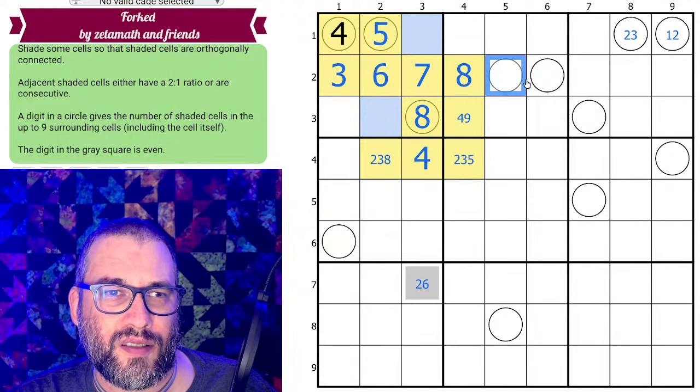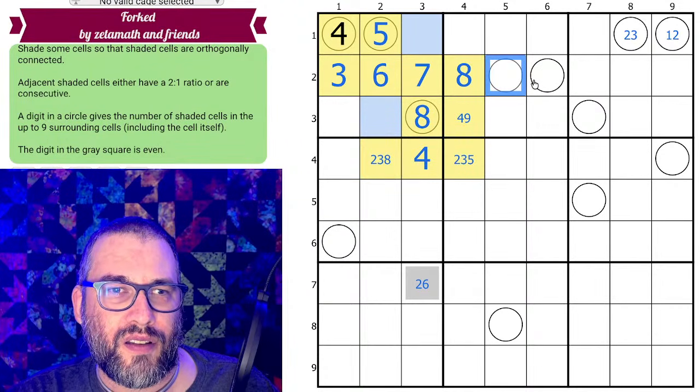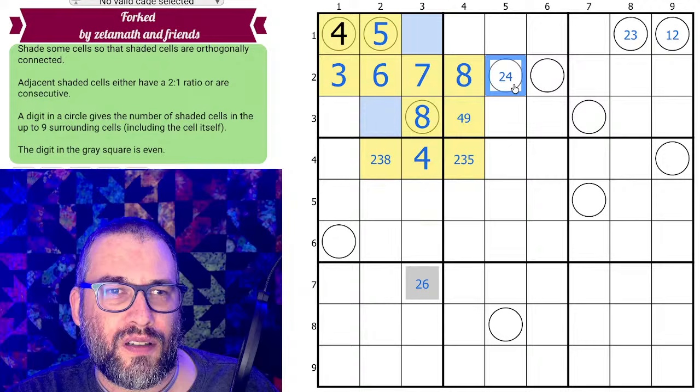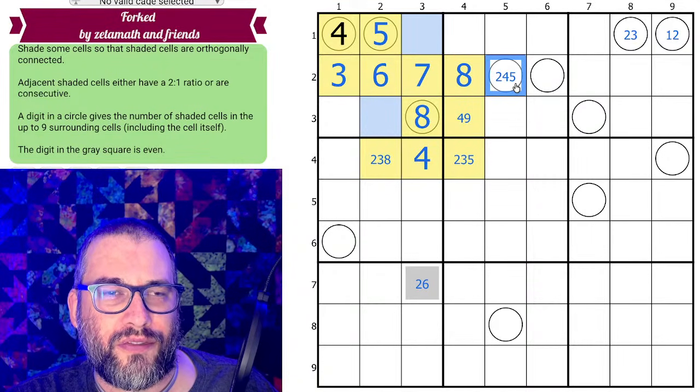Okay. This is 2 or 4, or 5. But it can't be 9.